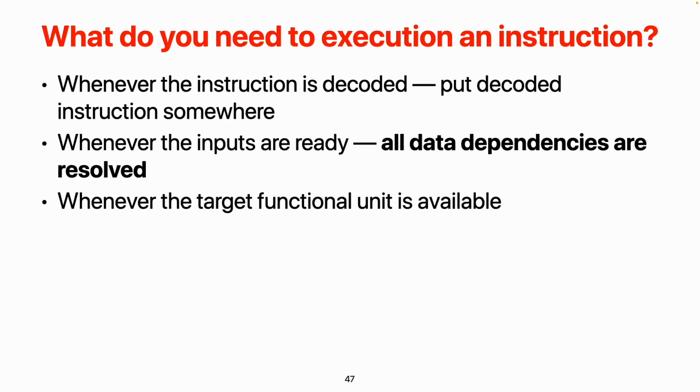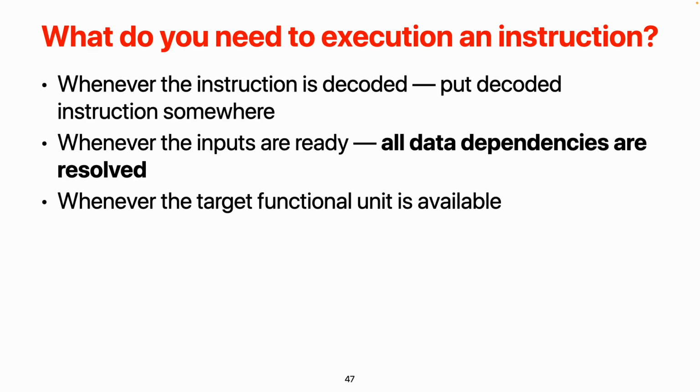So the basic idea of dynamic instruction scheduling comes from the fact that, if we remind ourselves, when do we know it's ready to execute an instruction? When you have your data inputs ready, when I know what instruction you want to do, and when the target ALUs that you want to use are free, right?